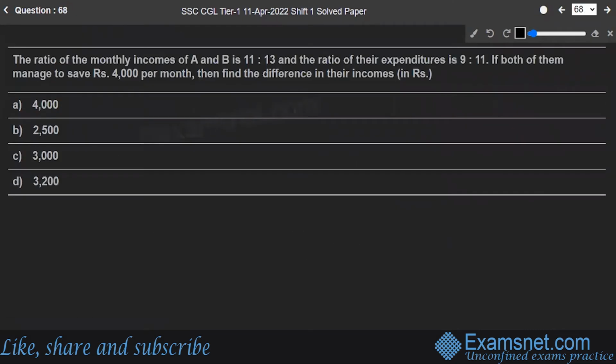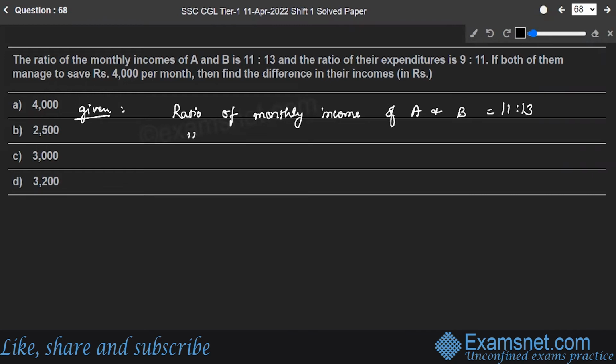Next is question number 68. The ratio of monthly income of A and B is 11 is to 13, and the ratio of their expenditures is 9 is to 11. If both of them manage to save 4,000 per month, you have to find the difference in their income in rupees. Let's write down. You are given ratio of monthly income of A and B is equal to 11 is to 13.